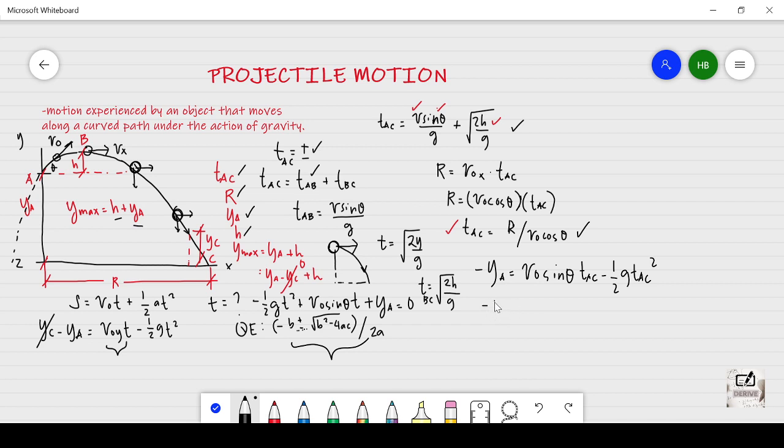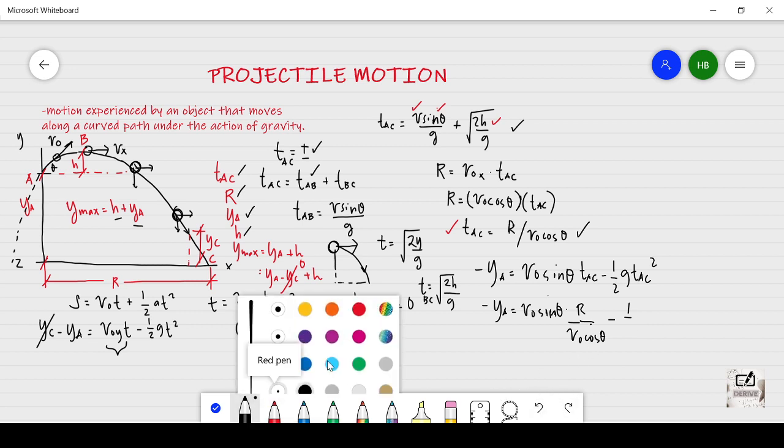So negative YA is equal to VO sin theta times R, of course R, VO cosine theta minus 1/2 g over r VO cosine theta squared. Ay, bakit nasulat ko? Ayoko nun.